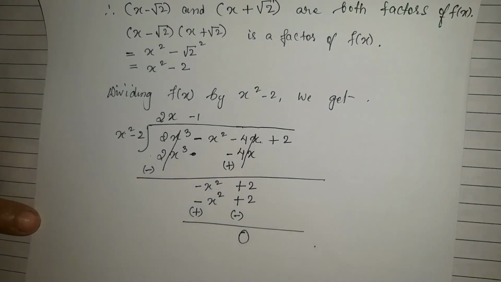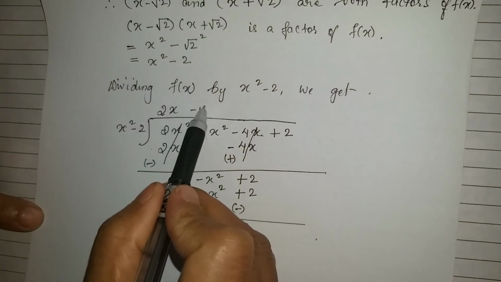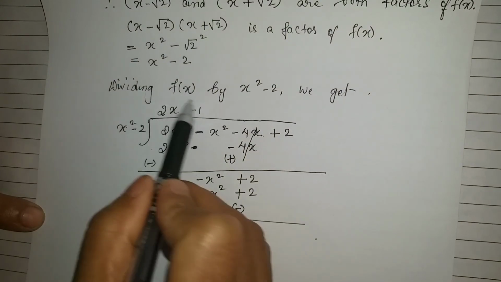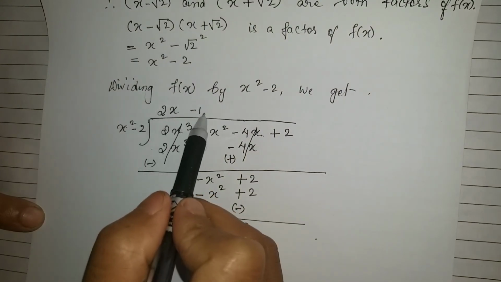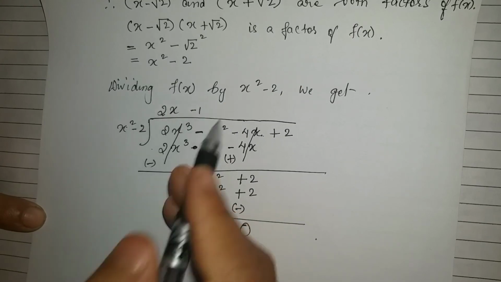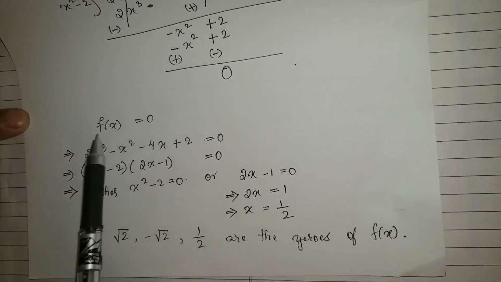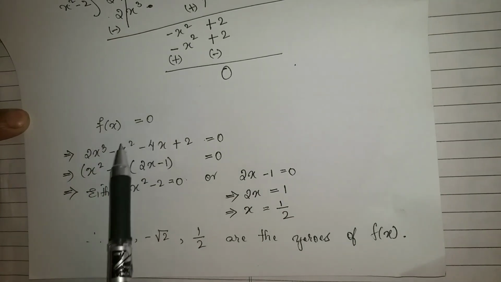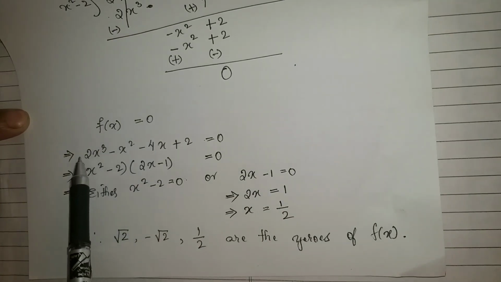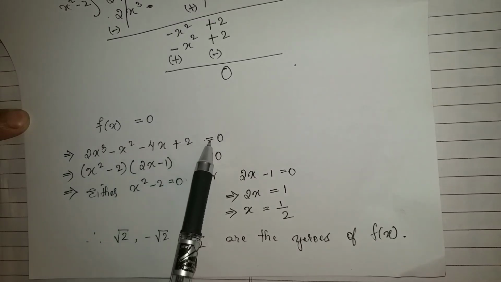So our question is, we have to find the next zero. Our next zero we will get from this polynomial. If f of x equals 0, what is our f of x? 2x cubed minus x square minus 4x plus 2 equal to 0.